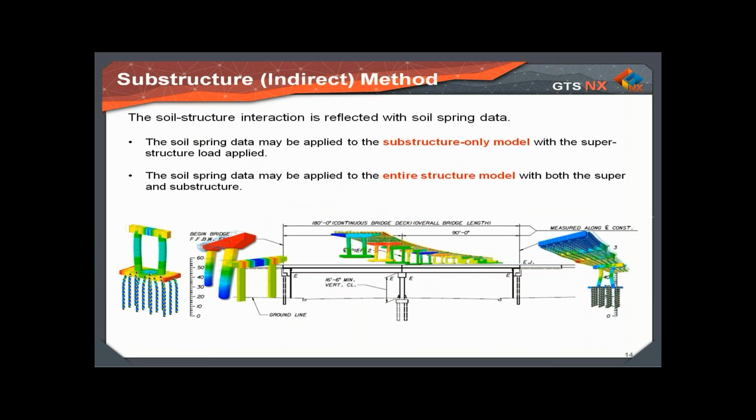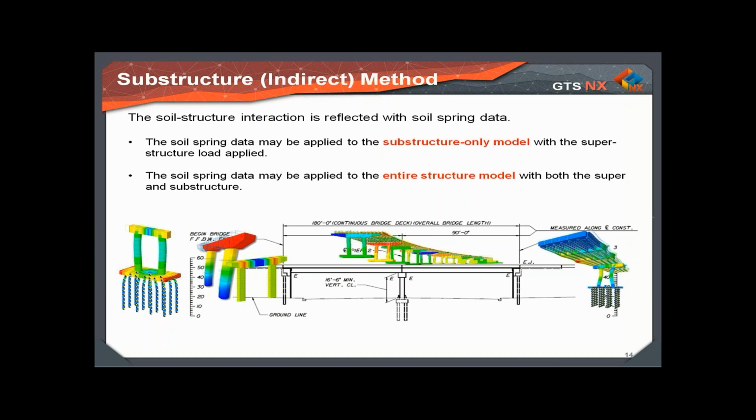This is the method that most structural engineers are most familiar with, either using finite element analysis software or simpler design software for most cases. Structural engineers reflect the soil and soil structure interaction using soil spring data. There are largely two ways for the indirect method.